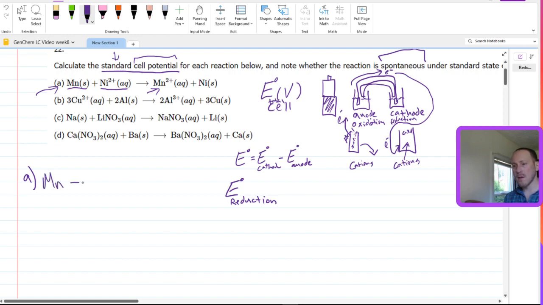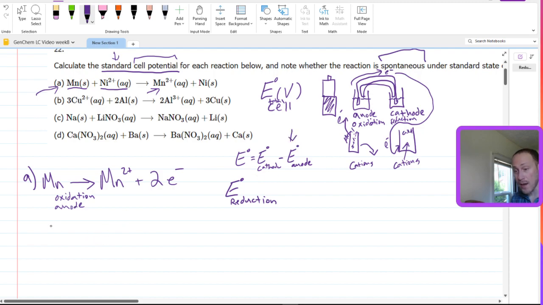And it looks like manganese, Mn, becomes a 2+ cation, meaning it must have lost 2 electrons. So that's the oxidation. It lost electrons. It's an oxidation. That's the anode. That's going to be the second part when we put this together.